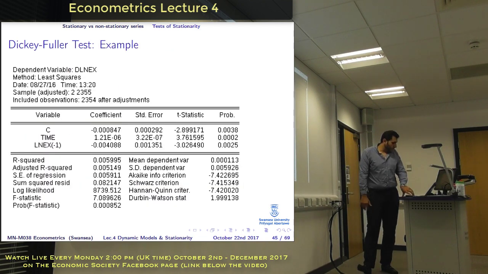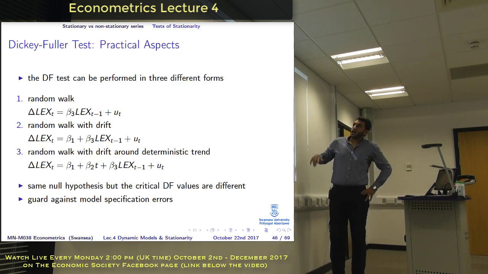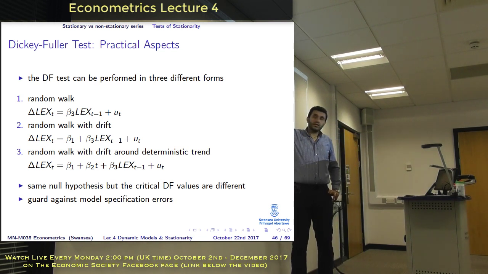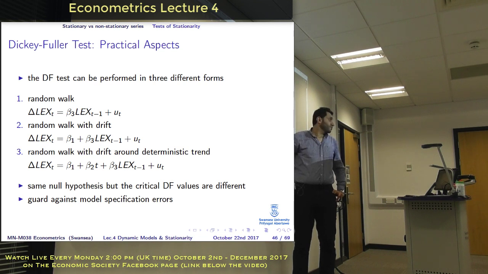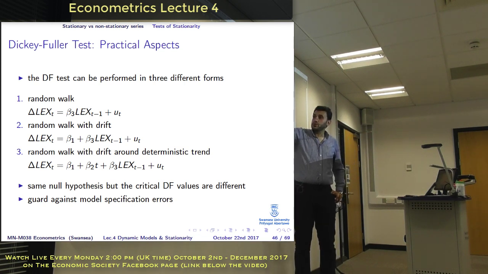In this one, we introduce only one case, but there are three cases, or different forms. The first one here is known as random walk, so you don't have a constant, you don't have a time trend. So no constant or time trend. The second case is random walk with drift, because you have a constant.